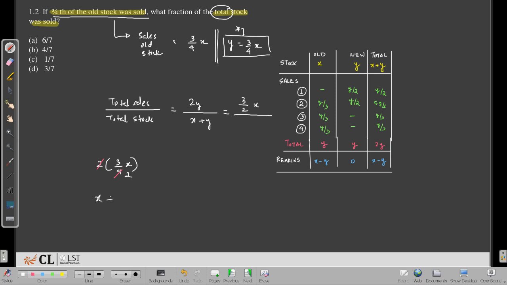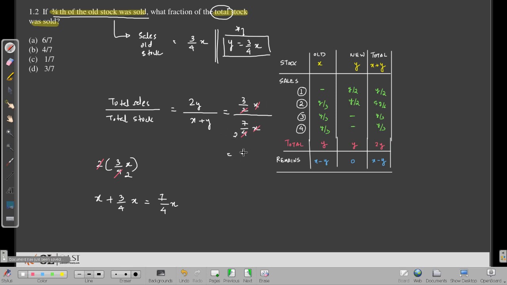What is x plus y? X plus what is y? 3/4 of x. This will become 7 by 4 of x. And here we can cancel out this x. We can cancel the 2 in the numerator and the denominator 2, and the 2 goes on top.